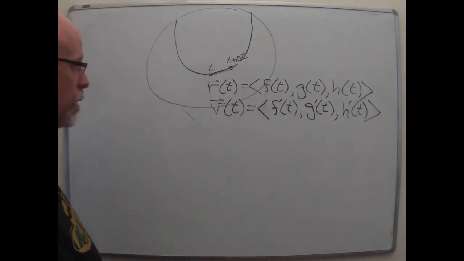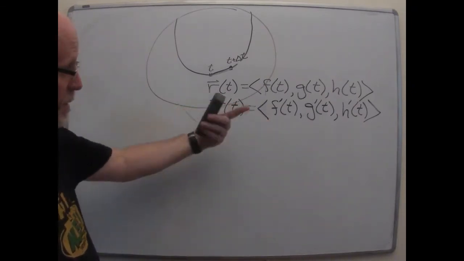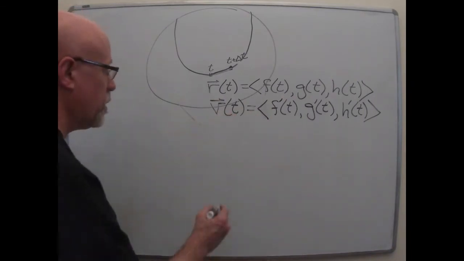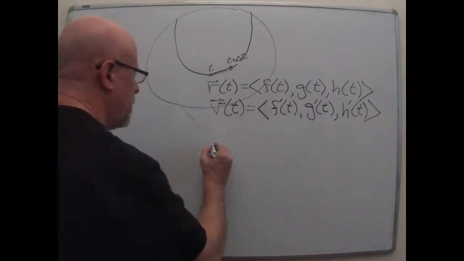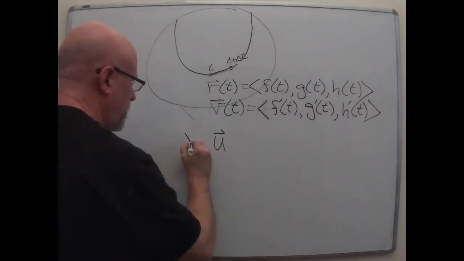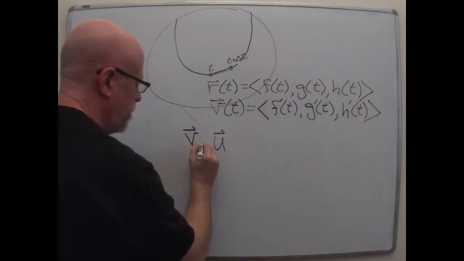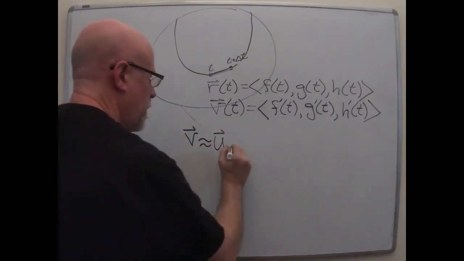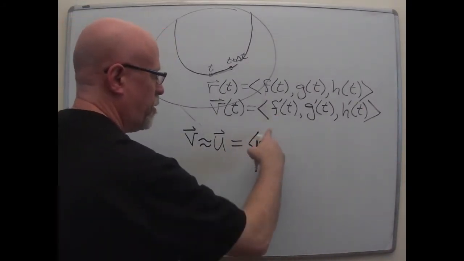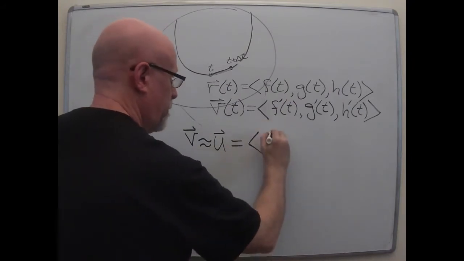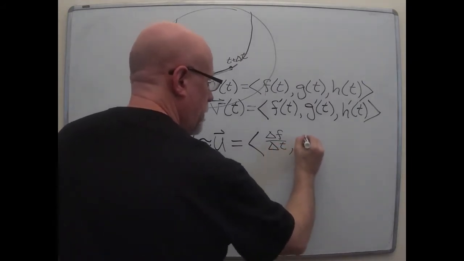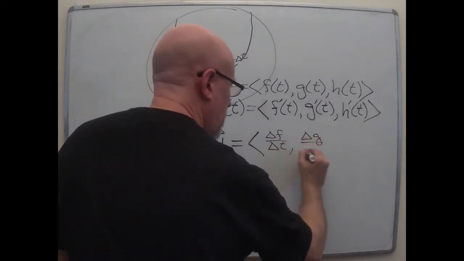A very close approximator for this, and because this is actually what we get in the limit, but the thing that's a very close approximator to it, let's call it, how about u, since u is another vector, but it's similar to v. So let me say that v is approximately equal to u. And what u looks like is a change in f over a change in time, a discrete change in f, delta f over delta t, and delta g over delta t.